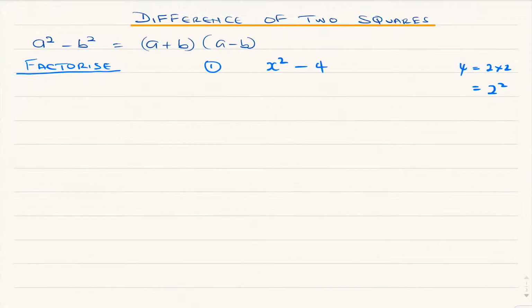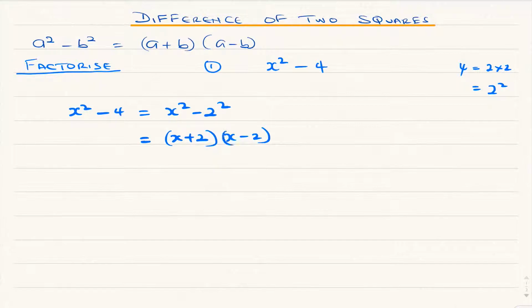Therefore, we can write x squared minus 4 as x squared minus 2 squared. So now this is a difference of two squares, and therefore we can say x plus 2 and x minus 2.